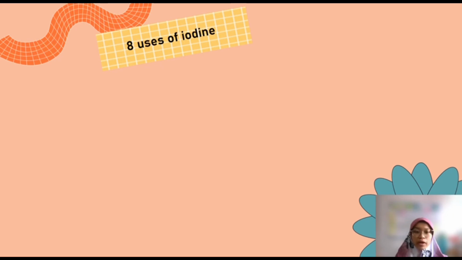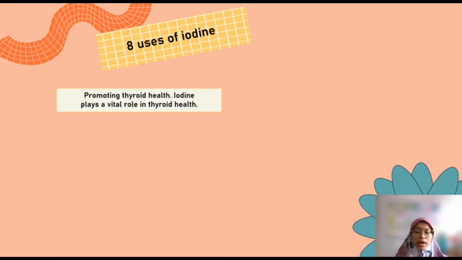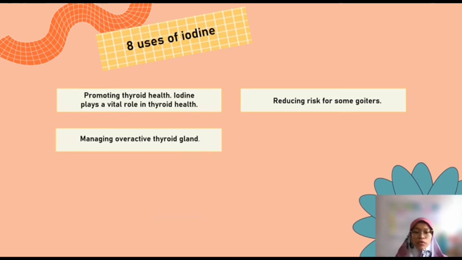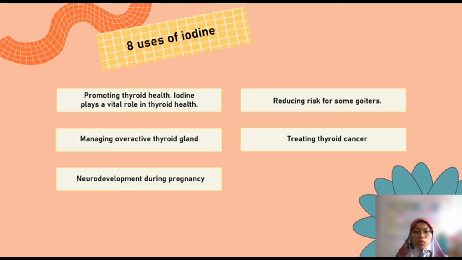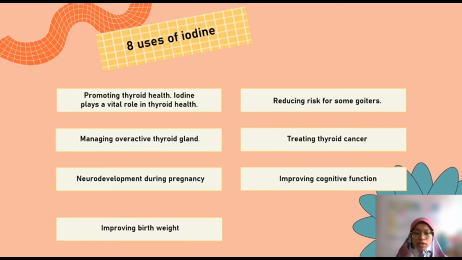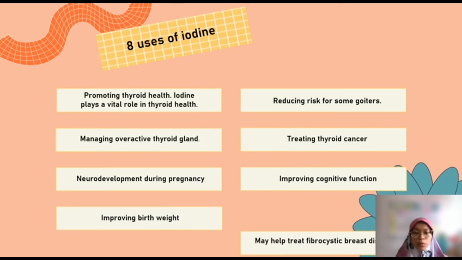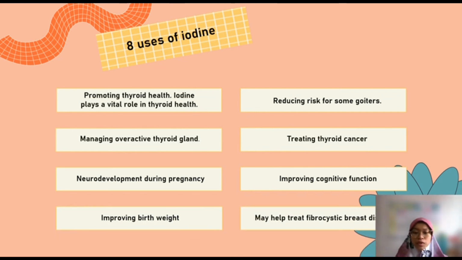The uses of iodine are promoting thyroid health, reducing risk for goiter, managing overactive thyroid gland, treating thyroid cancer, neurodevelopment during pregnancy, improving cognitive function, improving birth weight, and also helping treat fibrocystic breast disease.